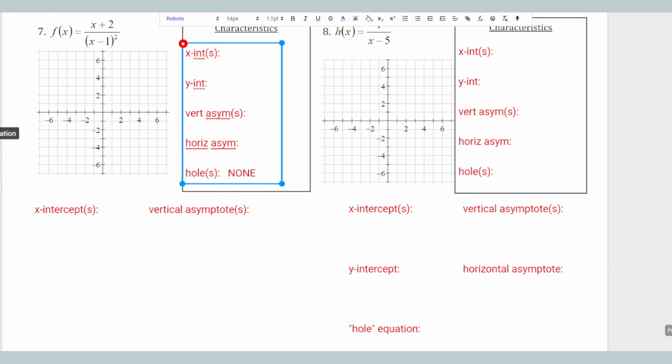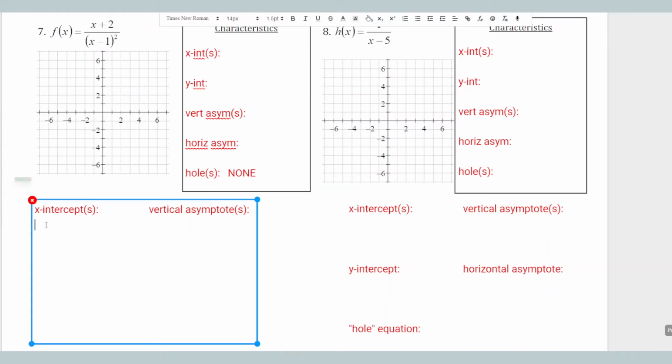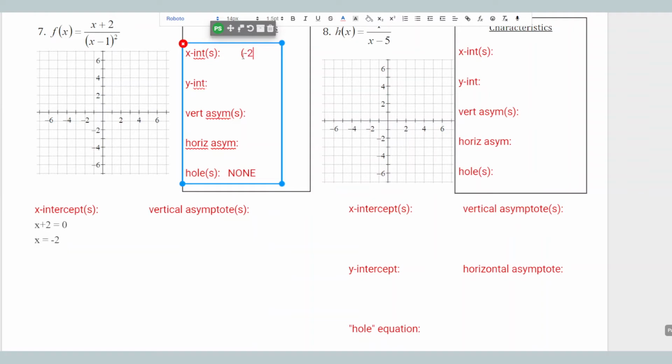So let's go ahead and find our x-intercepts first. x plus 2 equals 0 results in an x-intercept at -2. So my x-intercept is going to be (-2, 0).